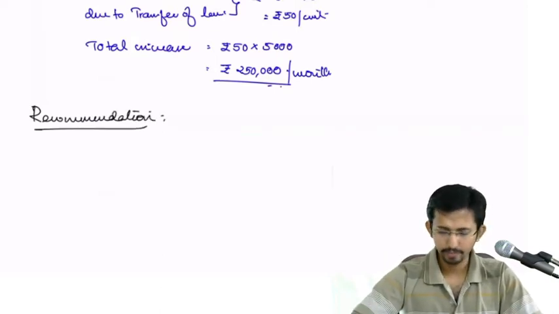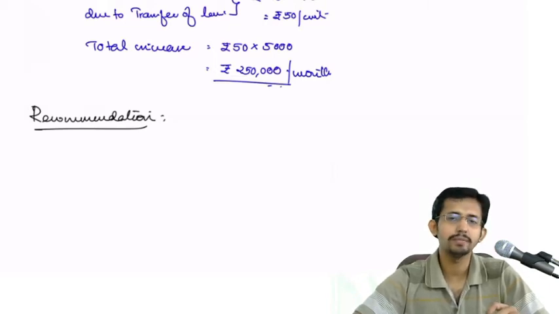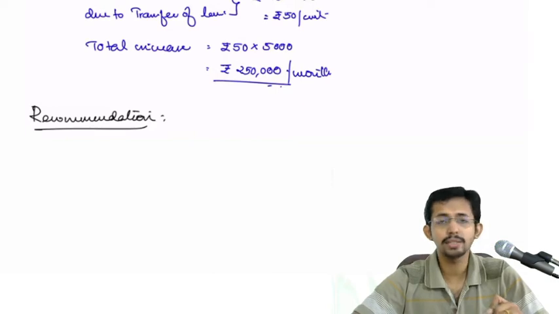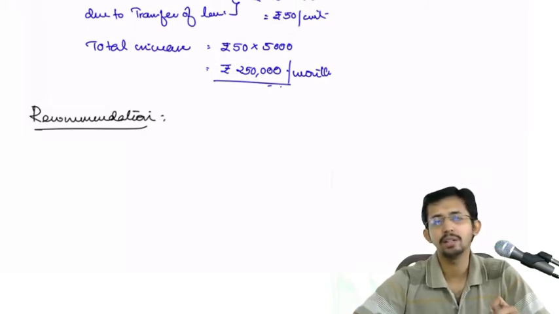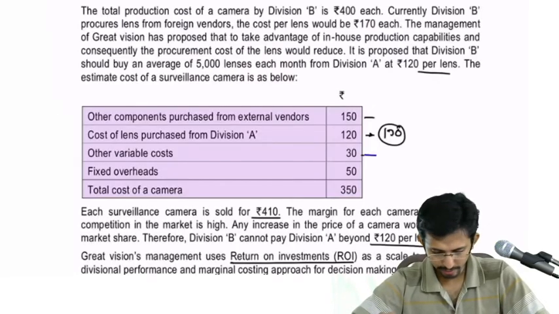Okay, you can write, from division B's perspective, the decision for internal transfer of lens would be beneficial, don't write profitable, would be beneficial under that one, as the total contribution of the division will increase by how much?